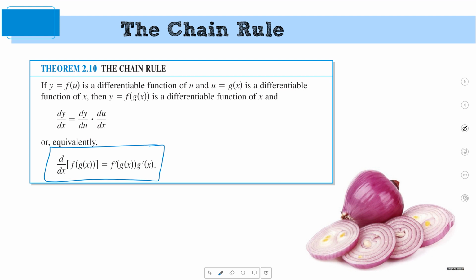We want to see how this works in a practical application. So I've got a bunch of examples for you. There is some subtlety, though, in that calculus speak that I want to point out, and that is the idea that both of the functions have to be differentiable. What does the word differentiable mean?